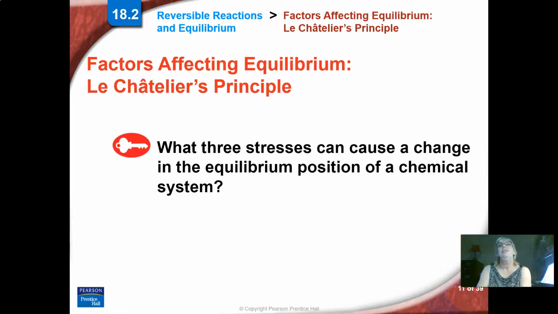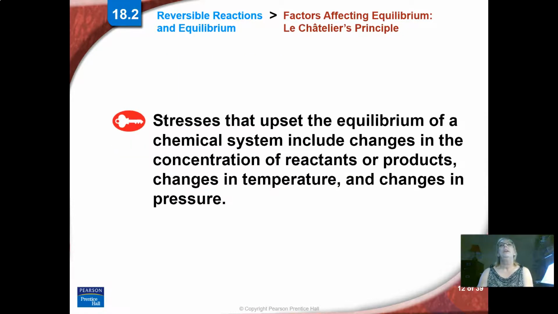What three things can you do to change a chemical equilibrium? This is called Le Chatelier's principle, and I definitely have questions like this on the quizzes and tests for this section. Le Chatelier says that after we get equilibrium, the system wants to stay that way, and the system will change to go back to the way it was in equilibrium.